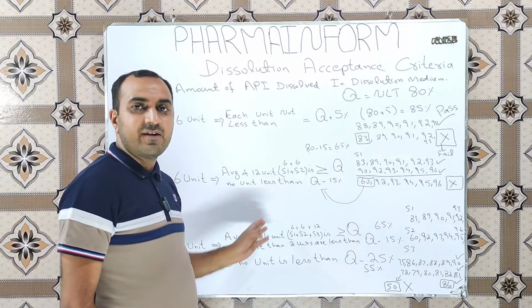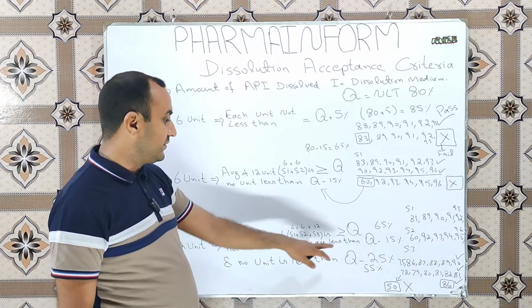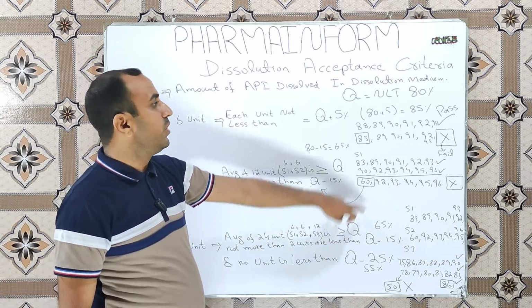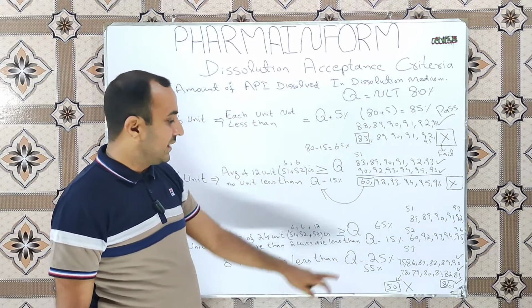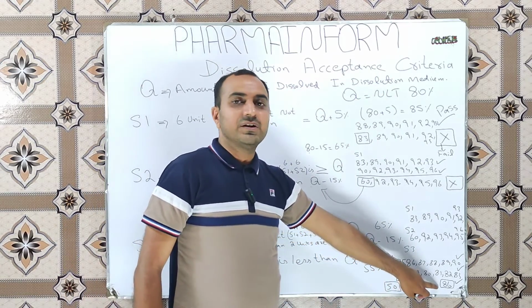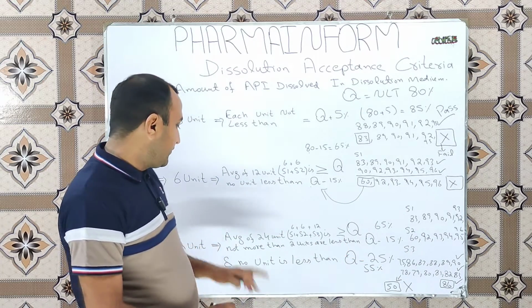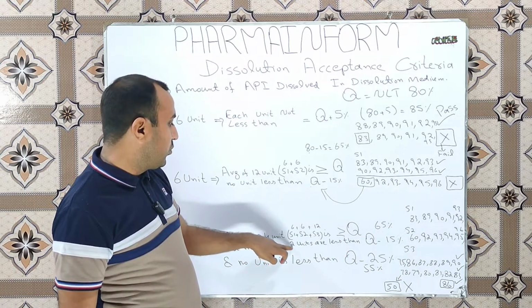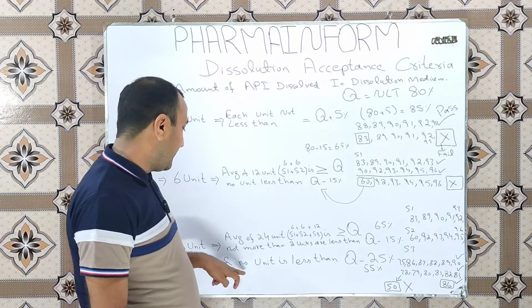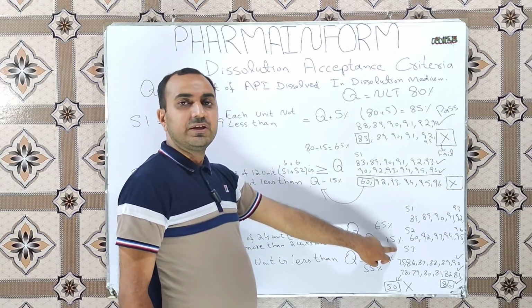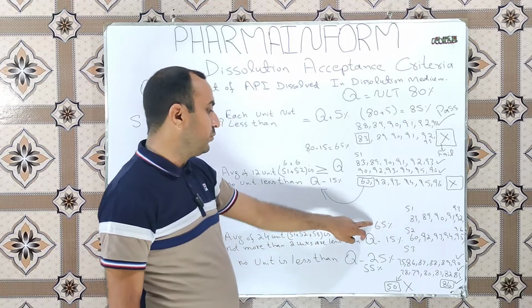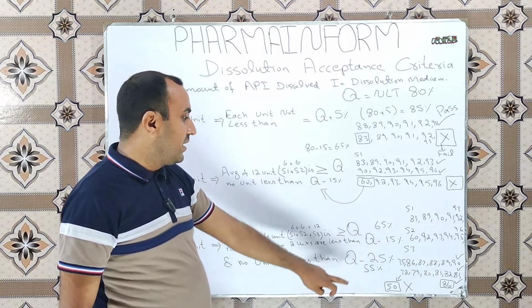The first criteria: the average of 24 units is equal to or greater than Q, meaning equal to or greater than 80. Our average result is 86%, so our first criteria is met. Now the second criteria is that not more than 2 units are less than Q minus 15, meaning 80 minus 15 is equal to 65%.